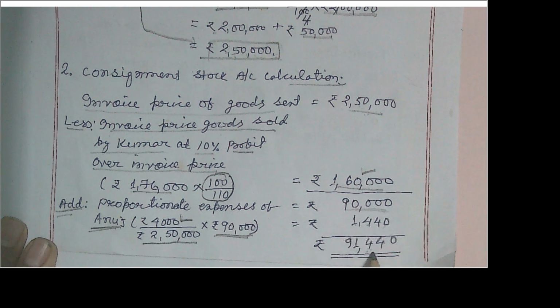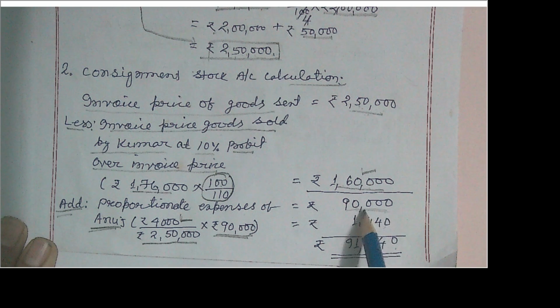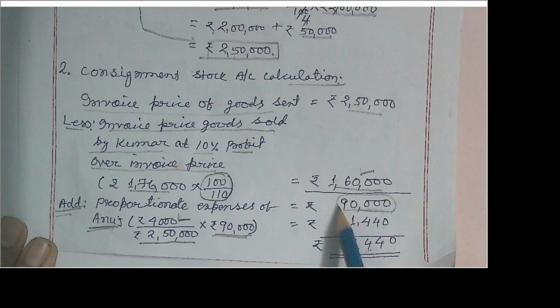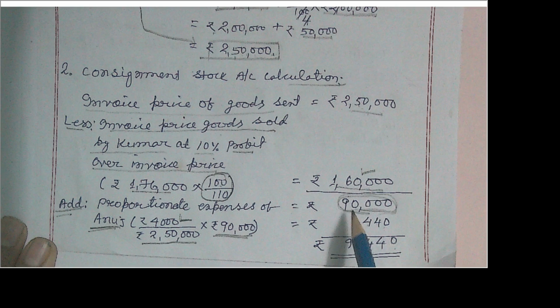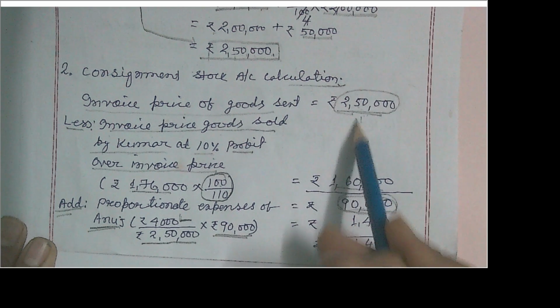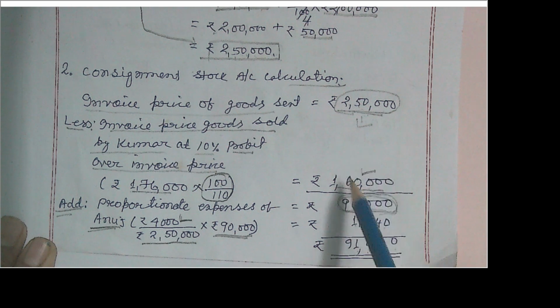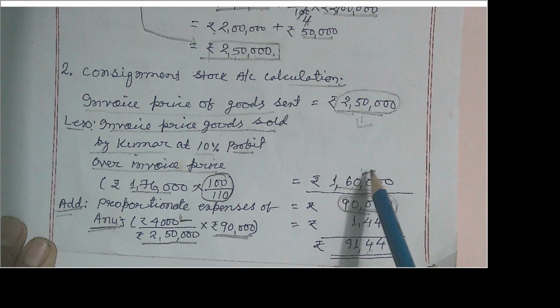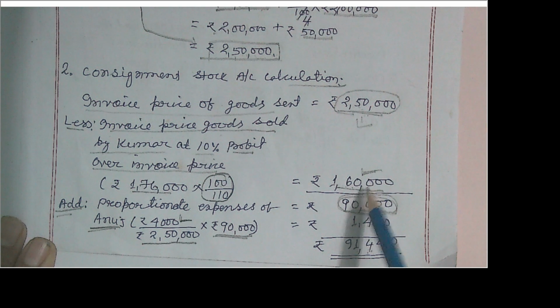This is the value of consignment stock at invoice price, 91,440. In this invoice price, again we have to remove the extra 25% that is added. In the 2,50,000, extra profit is included, and in the 1,60,000 sold, the extra 25% is deducted.